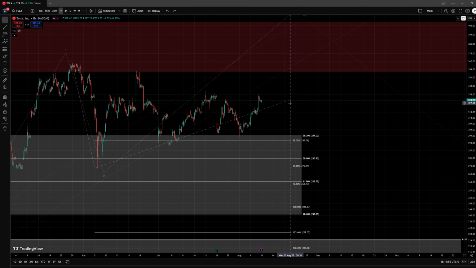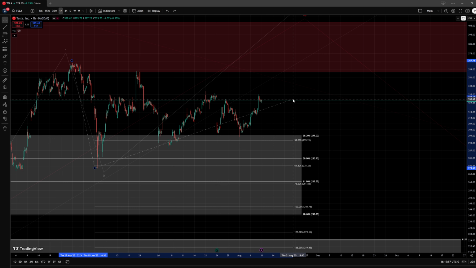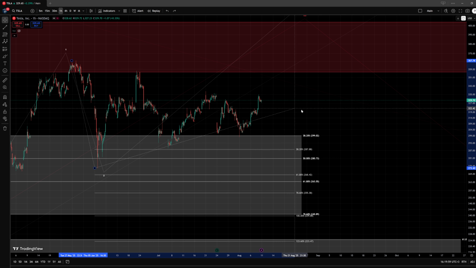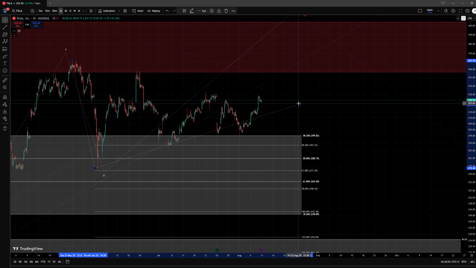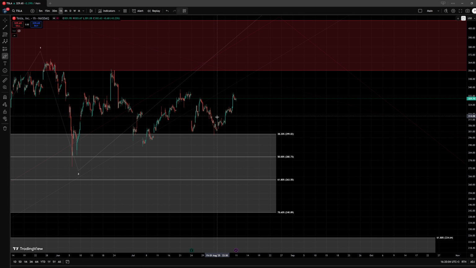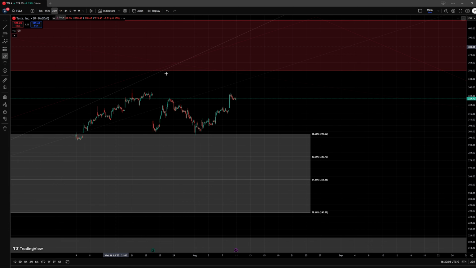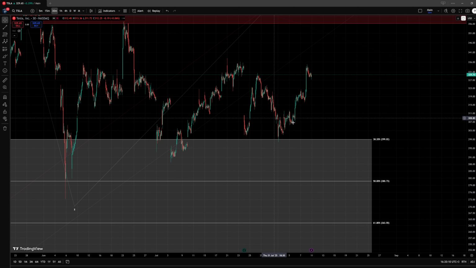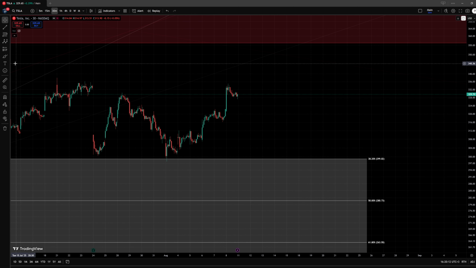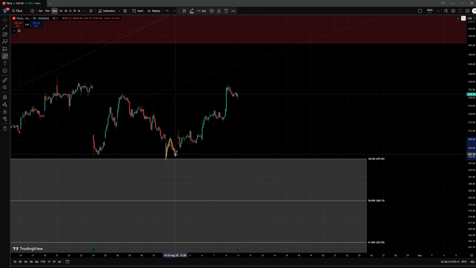So anyway, I could see the price still going lower, but I do have a preference now that we are going to push higher directly, because in the short time frame here I could argue that we have a small 1-2 and then another 1-2 and then an actual third wave where we had a wave 1 up, a wave 2 down, and then a third wave up, a fourth down, and a fifth wave up.